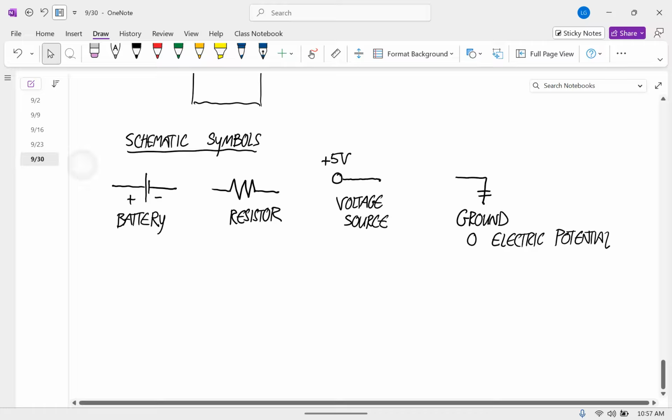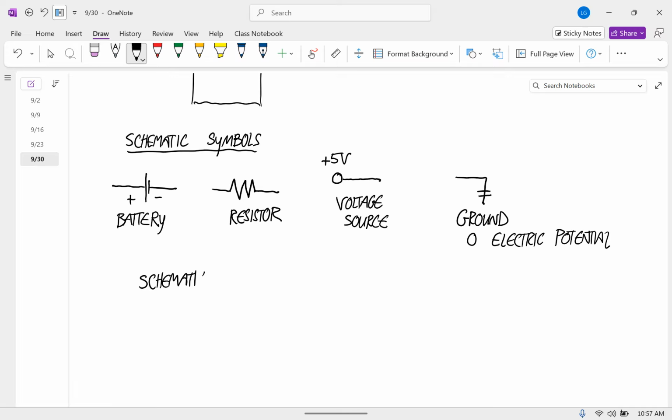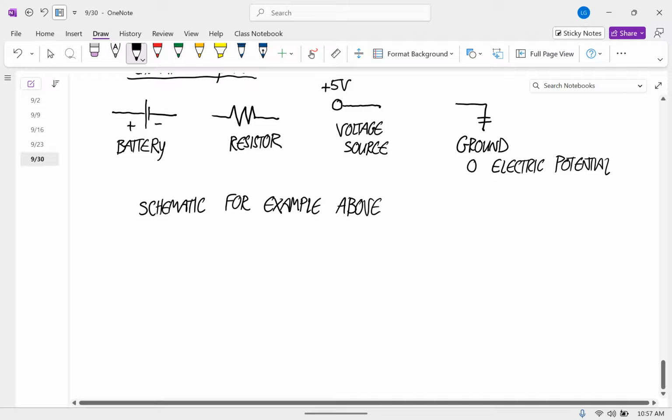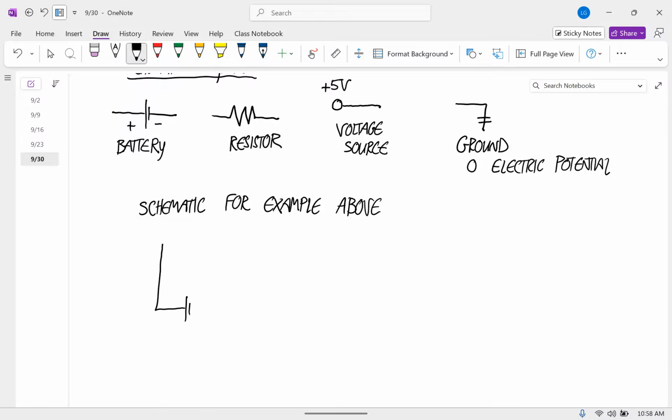Okay, so the schematic for the example that we did would look like this. You have a battery down here, and it's connected to a resistor up here. This is 9 volts.